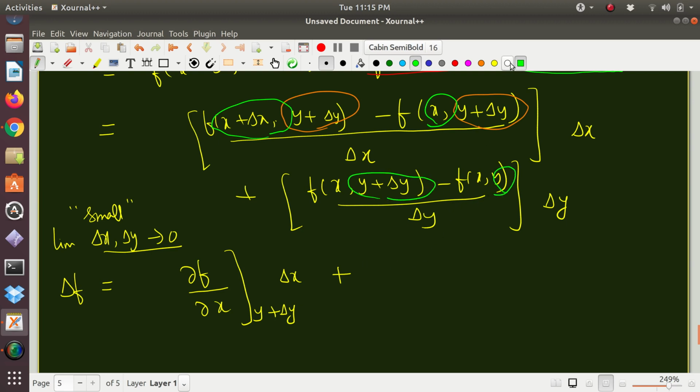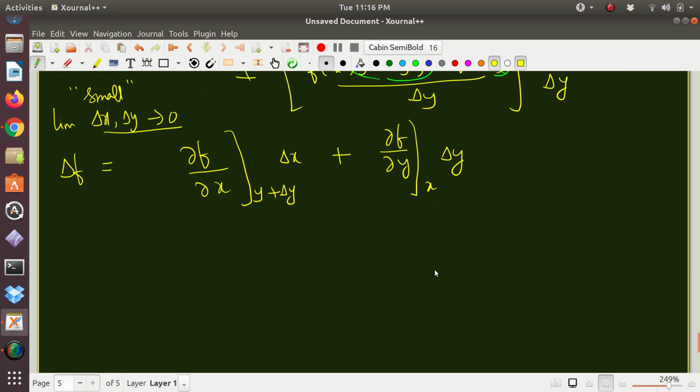So what I will do is I will write this as partial f by partial y at constant x times delta y. Okay, now when you consider these two quantities, we know that within first order, we are now looking only at terms that are accurate to order delta x and delta y.